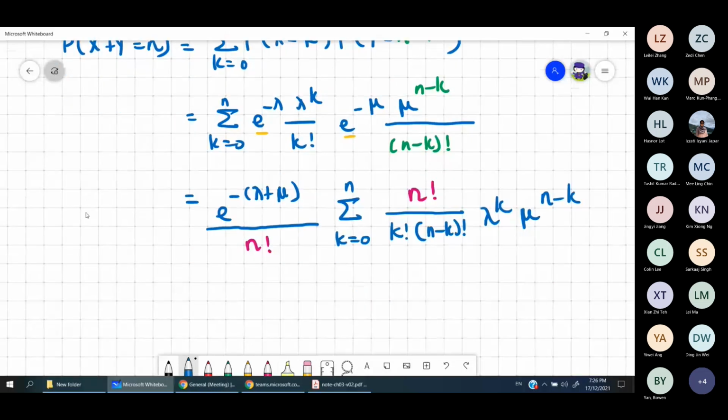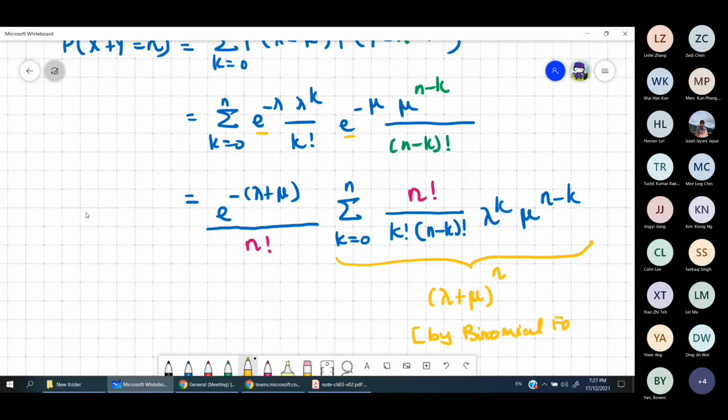So this part, by using the binomial formula, is equal to lambda plus mu to the power of n.